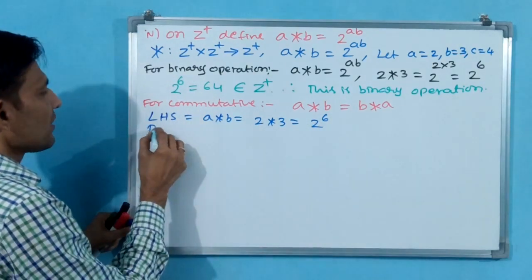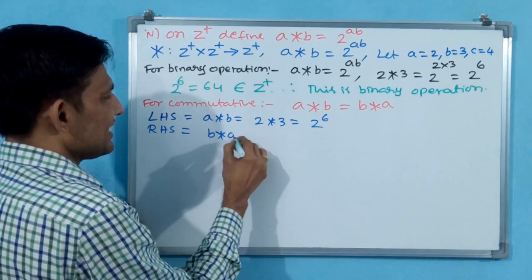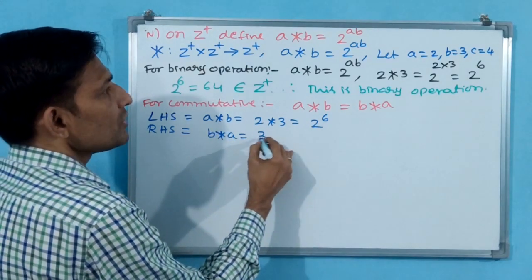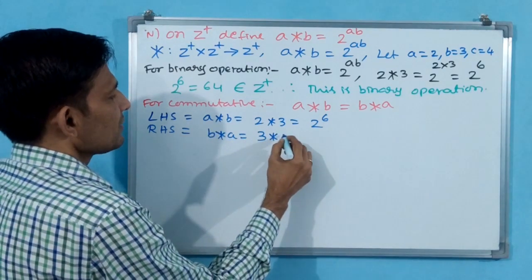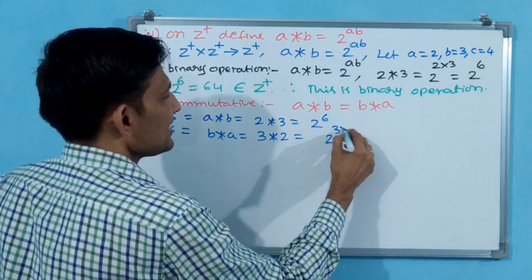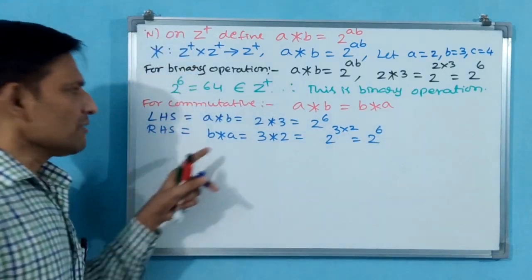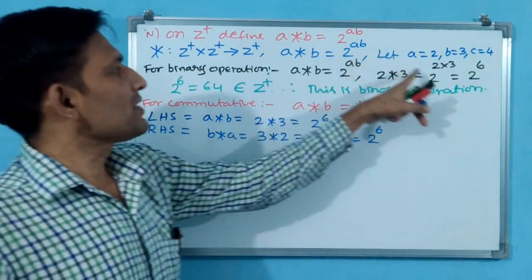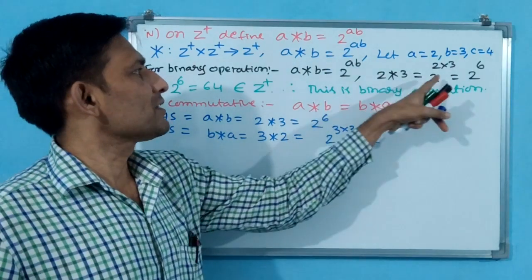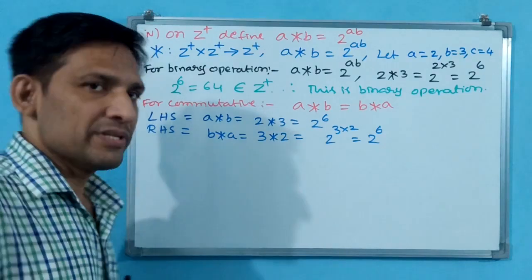Now you go for RHS. RHS is equal to b star a, that is equal to 3 star 2, that is equal to 2 power 3 into 2, that is equal to 2 power 6. See, both are the same. Here the operation is multiplication in the power, but 2 power ab is equal to 2 power ba.